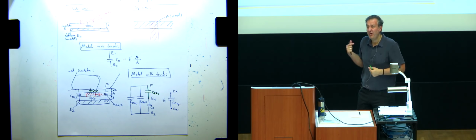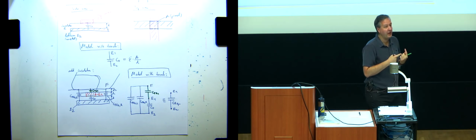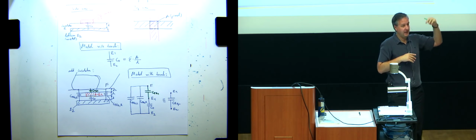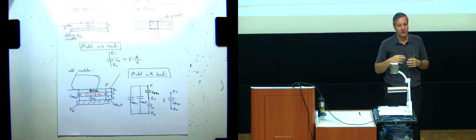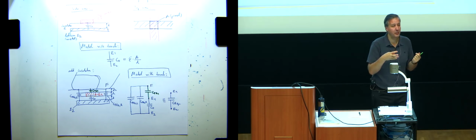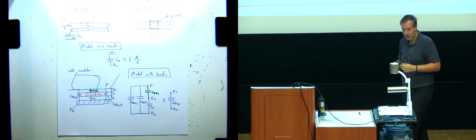Because I cannot reach node F. My phone only has access to electrodes E1 and E2. So node F is something that the phone cannot see. That's the user, right? So the phone circuits can only apply some measurement only on electrodes E1 and E2. So that's what I'm interested in.